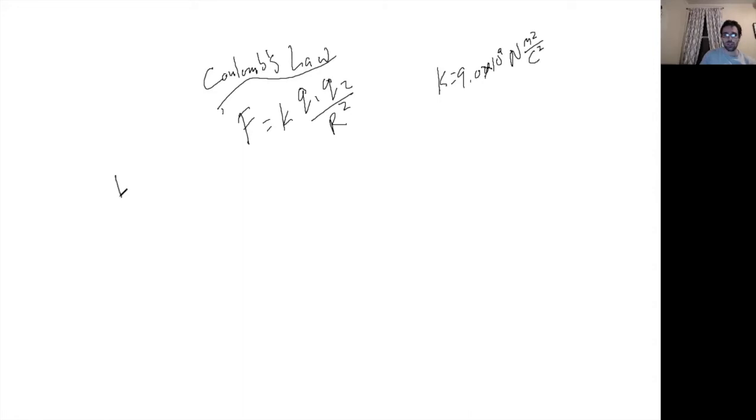The first question is, let's say I have two particles a certain distance r apart, and maybe they're both negative for now.